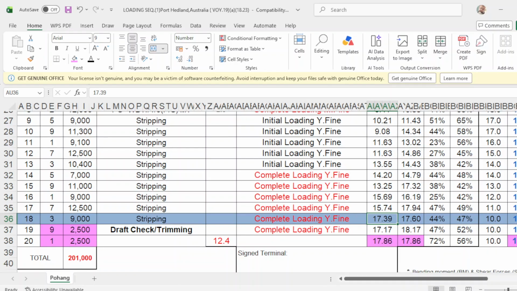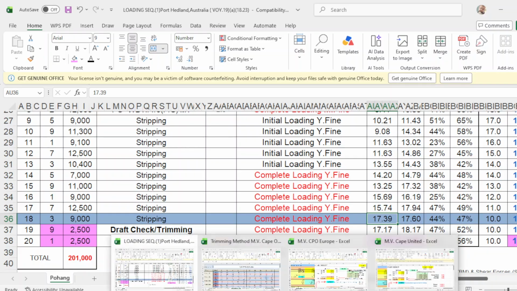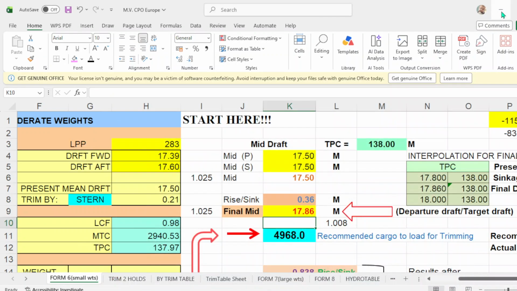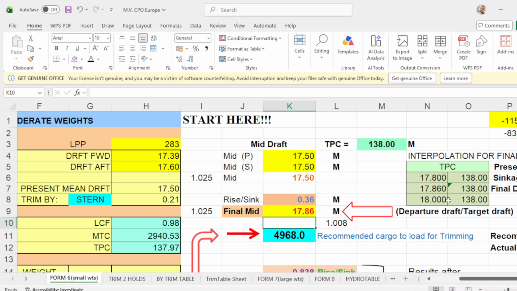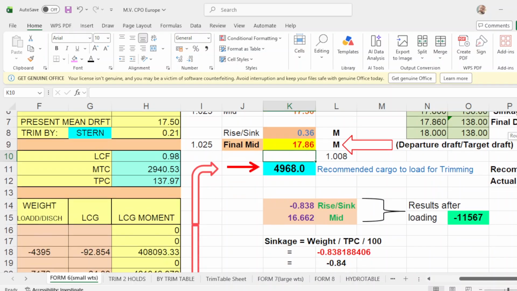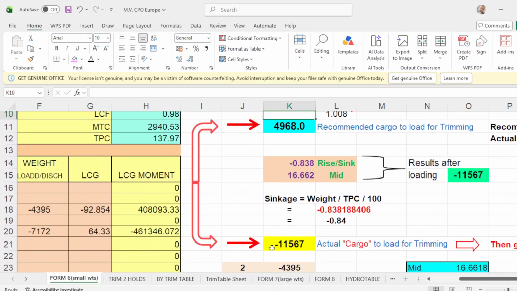But this one is 4,968 because we have a different vessel. This is CPO Europe. That's why it has a different figure. So you scroll down and put here 4968.